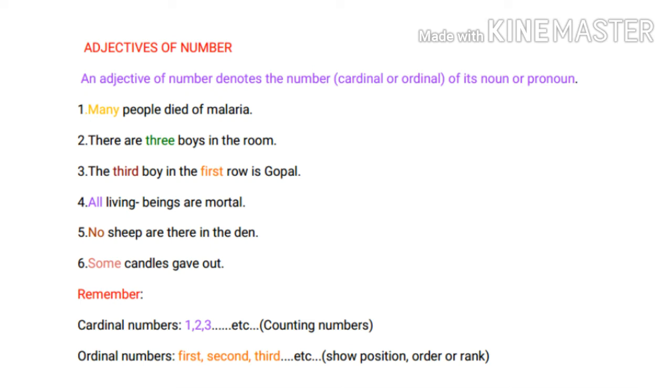All living beings are mortal. Here, all denotes an indefinite number. Similarly, no sheep are there in the den. Here also, no refers to the number. Some candles gave out. Here, some refers to the number of candles. Hope you have understood this point.